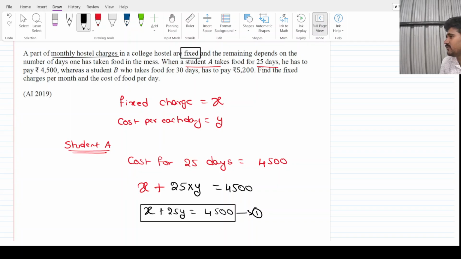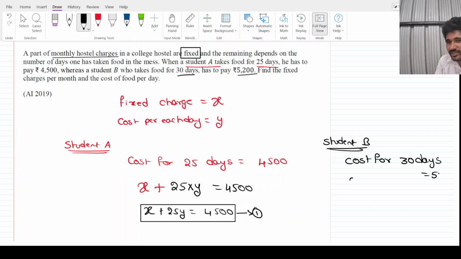Correct? Now see student B. Who takes food for 30 days? 5200. So cost for 30 days.